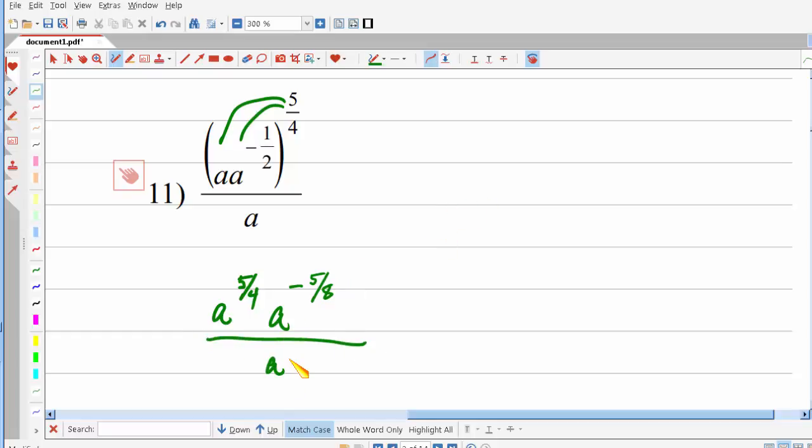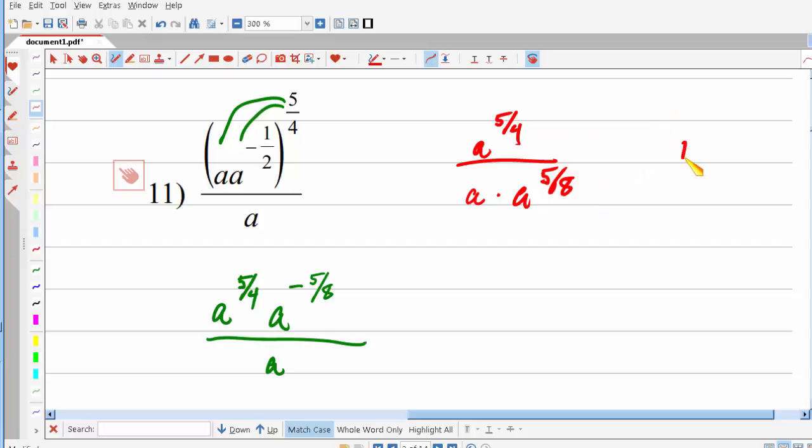Okay, so let me move on and do the negative exponent rule. So that's going to bring the a to the -5/8 down into the denominator. So I would have a to the 5/4 over a times a to the 5/8. And now I want to combine a and a to the 5/8. And what does that give me?